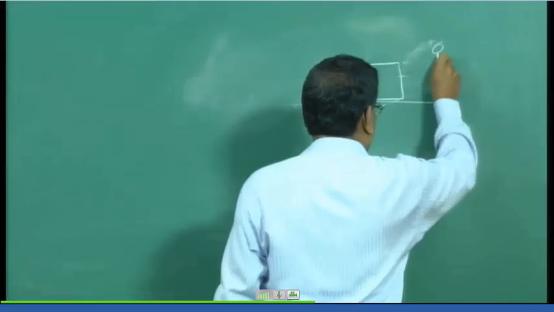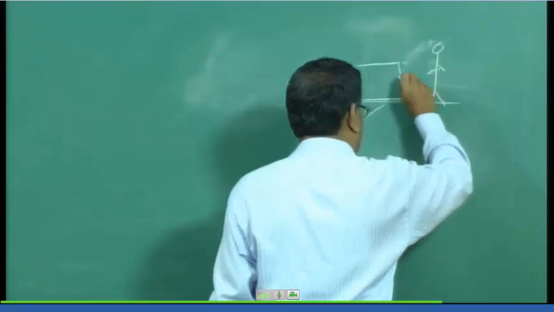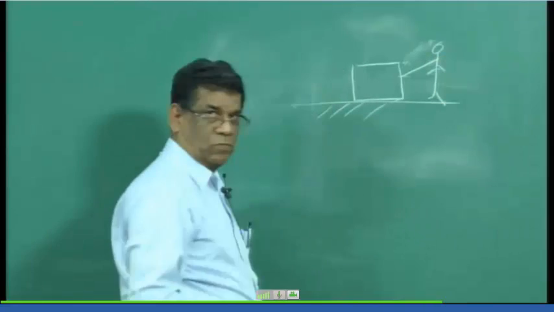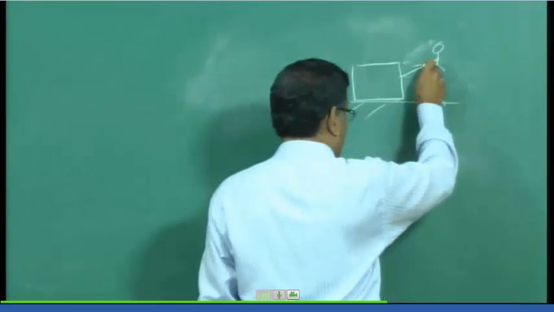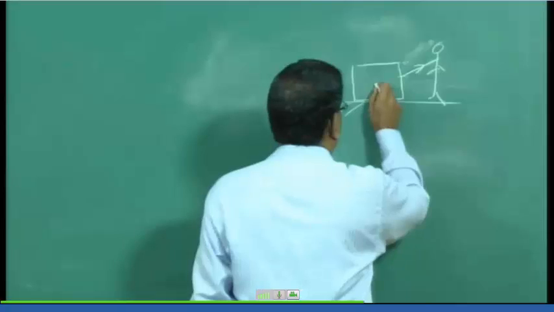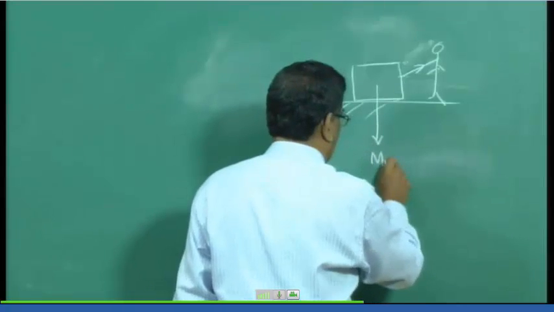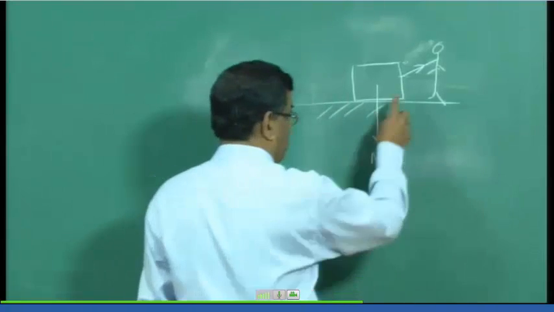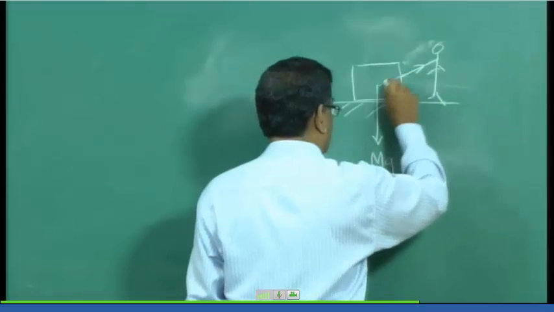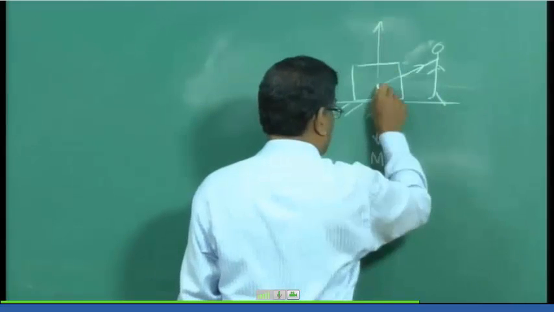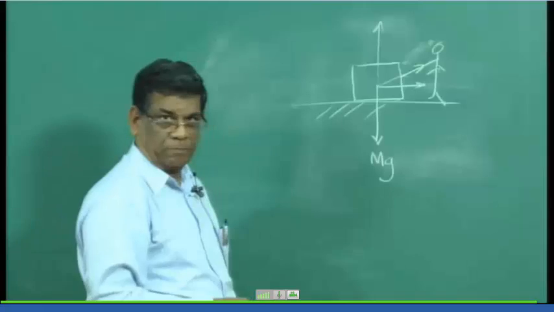Why? If you have a person standing and he is pushing in this direction, then what happens? mg is down, the weight, and this force can be resolved in this direction and in this direction.